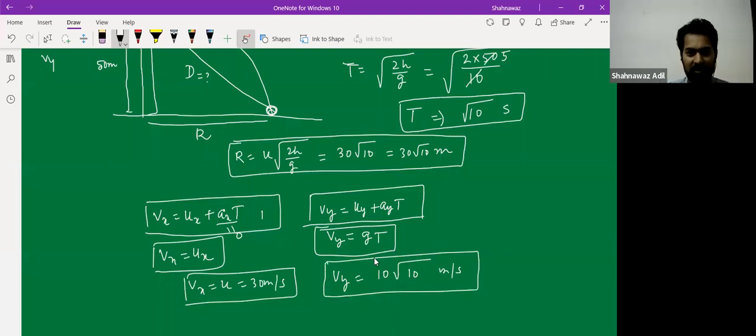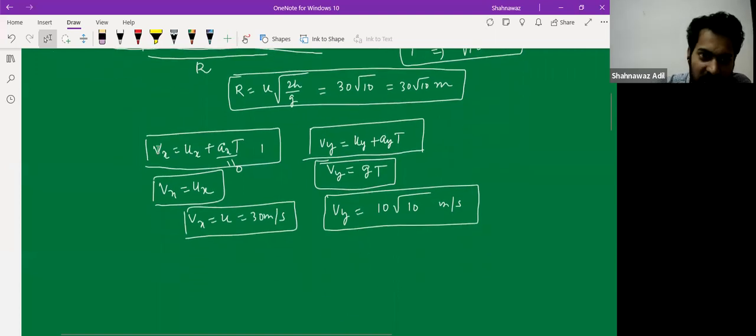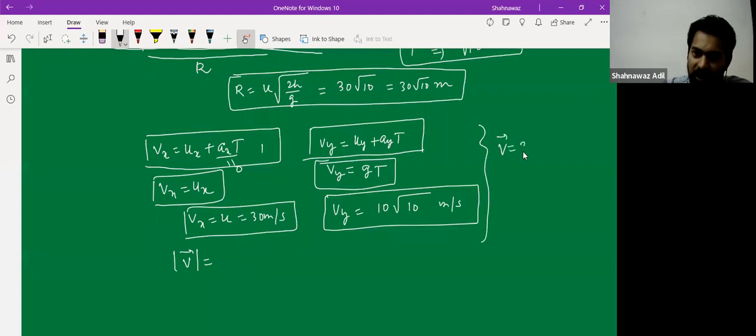Okay, understood. Yes, sir. So what will be the magnitude of velocity? It will be what? Because your V is 30 i hat plus 10 root 10 j hat. Okay. So V will be what? And this is actually minus.